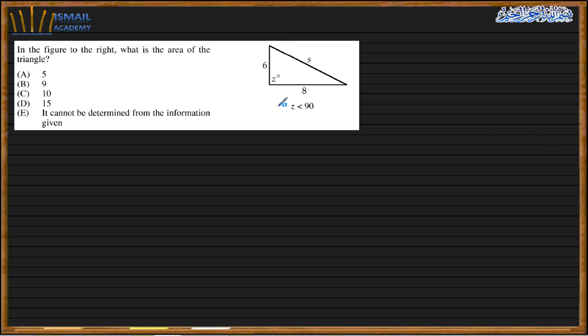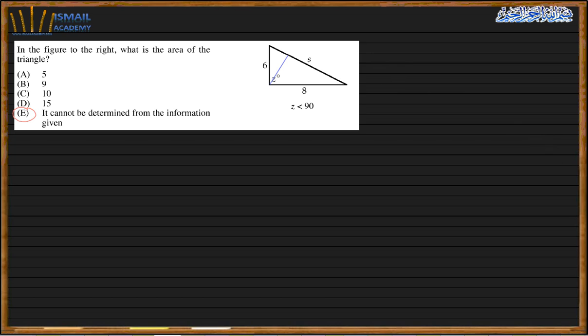But as long as this is not 90, I cannot assume. So I need to have the height, somewhere here, and if I don't have this information, I cannot get the answer. So I cannot determine the area from the given information, so E is my choice.